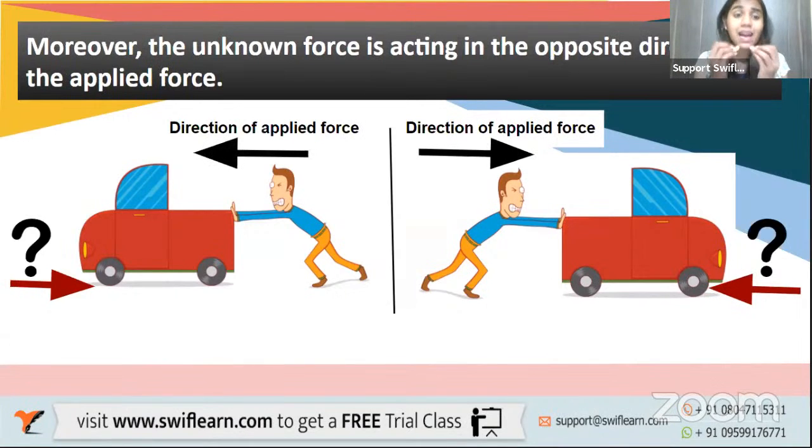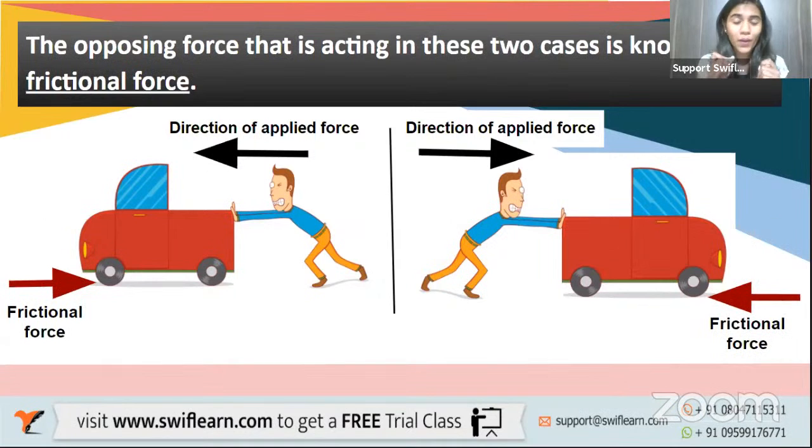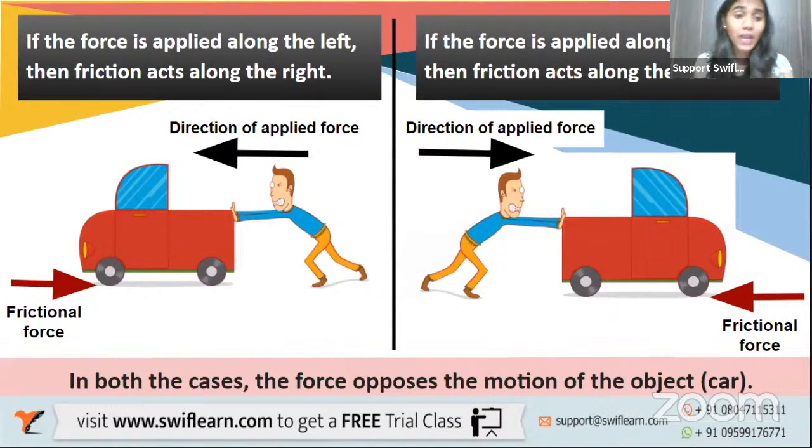This unknown force is called frictional force. And as you can notice here, frictional force always opposes the direction of the applied force, meaning frictional force is always in a direction which is opposite to the applied force.